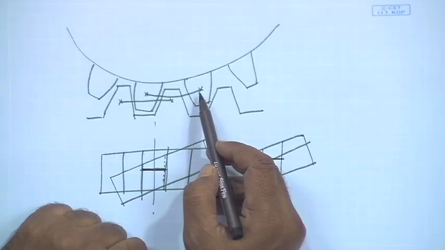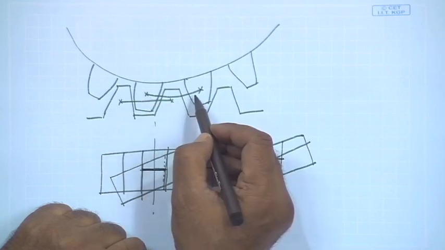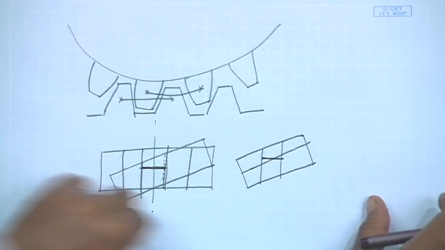So, we have the normal pitch equal to pi into module. Sorry, the circular pitch equal to pi into module. How do we get that? Let us take a fresh sheet of paper.